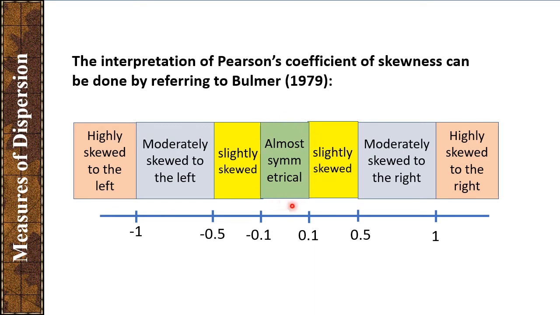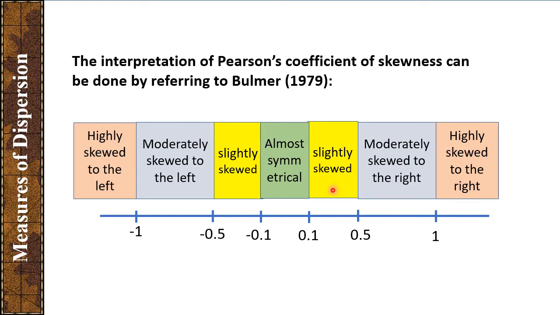So this is what we consider almost symmetrical. If the value of skewness is beyond plus or minus 0.1, then we cannot use the notation almost symmetrical anymore. But if it is greater than 0.1 but less than 0.5, in both positive and negative cases, we consider it slightly skewed.